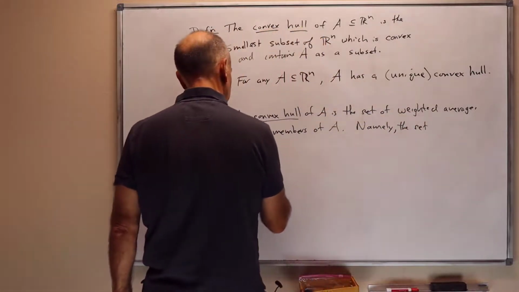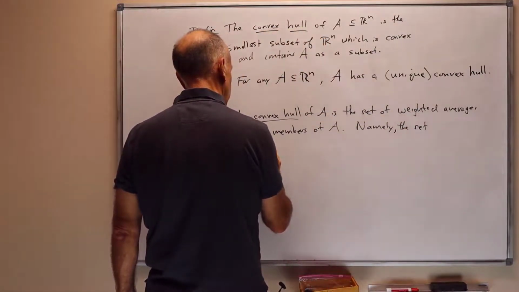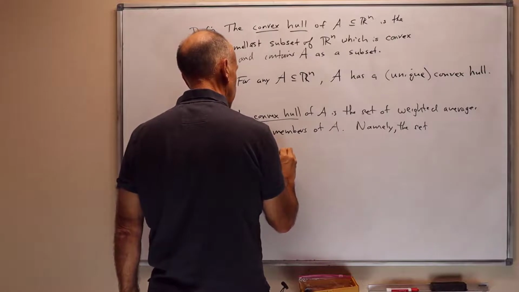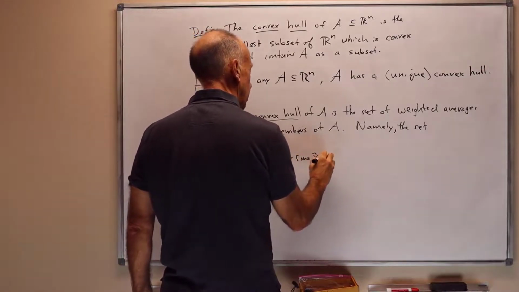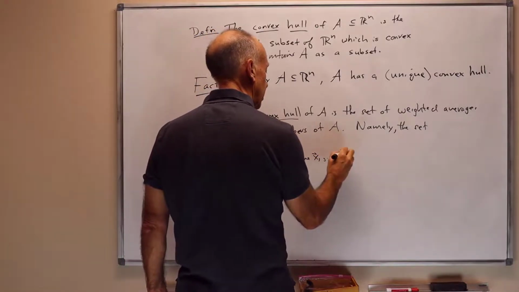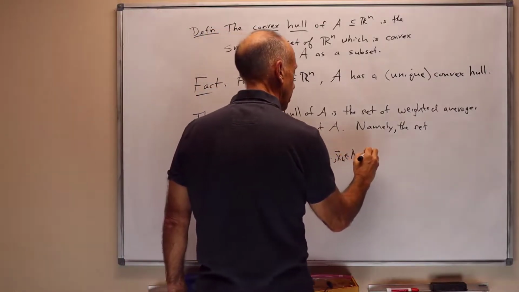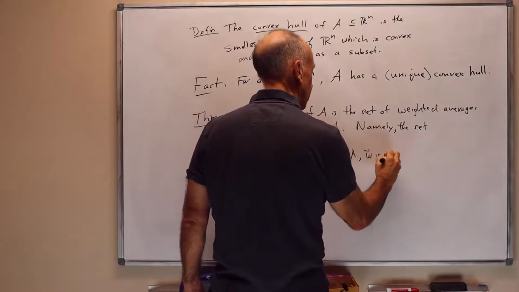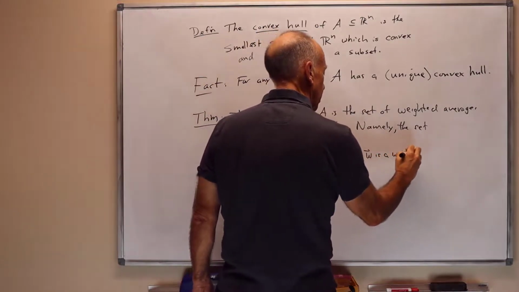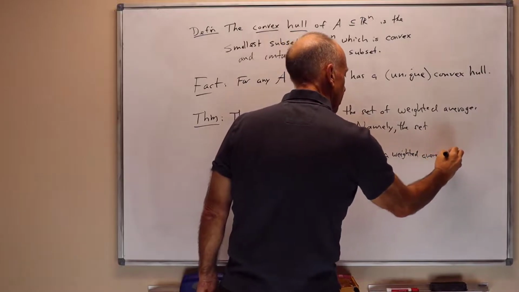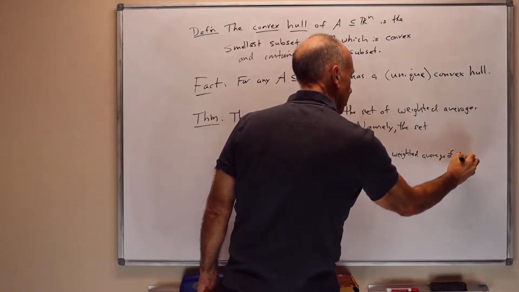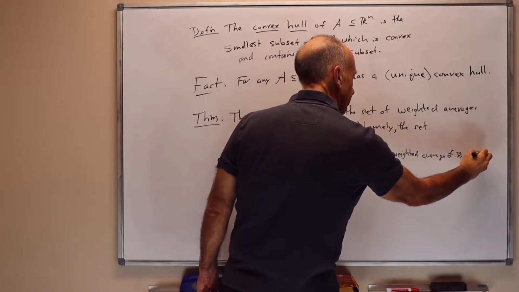It's the set of W such that for some x1 through xk in A, W is a weighted average of x1 through xk.